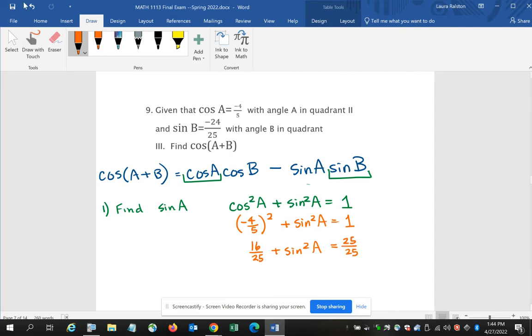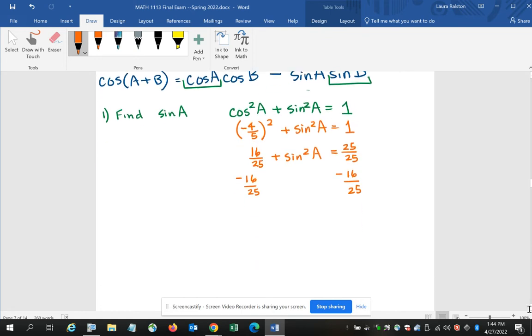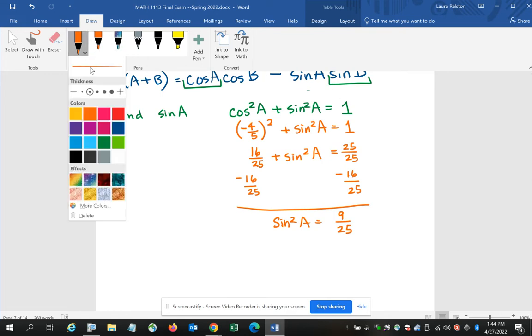Then I need to subtract 16/25 from either side, which gives me sine squared A equals 9/25. I don't want sine squared, I just want plain old everyday sine.